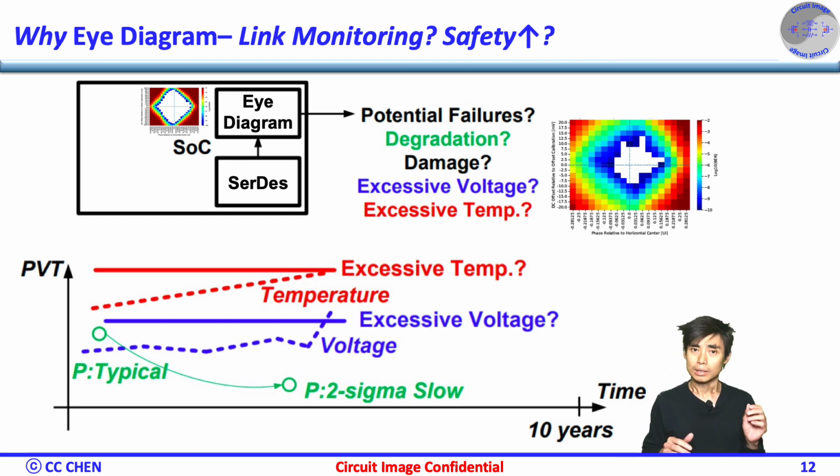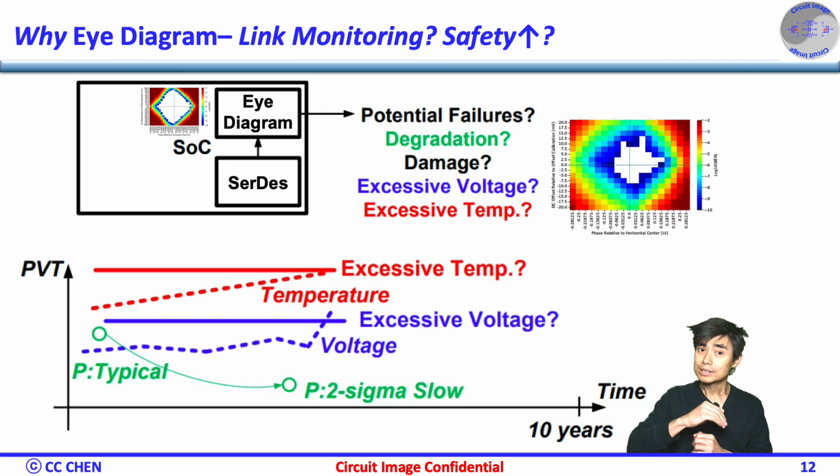So, the on-chip eye diagram helps link management by providing accurate eye width and eye height readings across different lengths of the SerDes link.